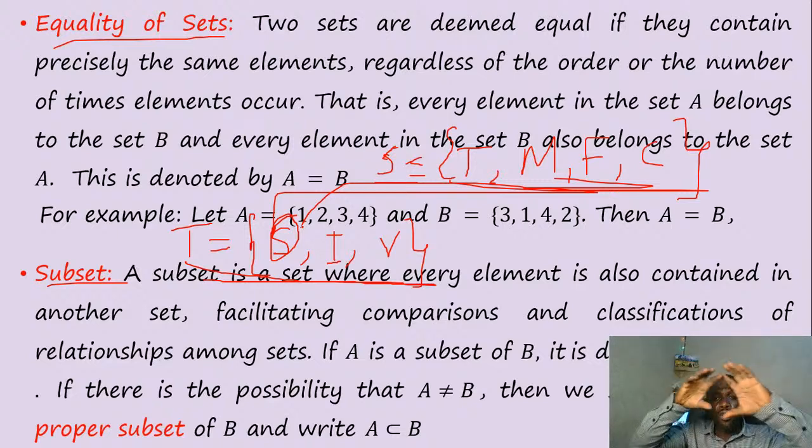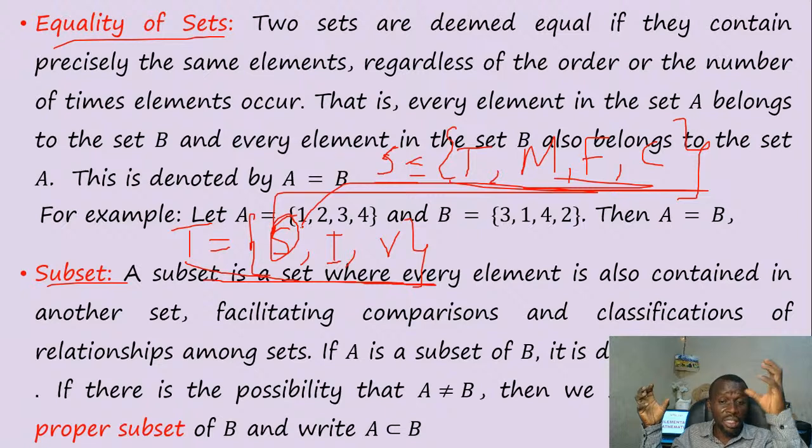It's from the entire shawarma. You just take part of it out. That is a subset. You can put it back inside it. That is what we call the subset. It's totally different from the equality of sets. If it is equality of sets, it means that what you are taking out and what is left must be the same. But if you take out of that shawarma, I don't think it will be the same. It will never be the same. So that one is totally different.